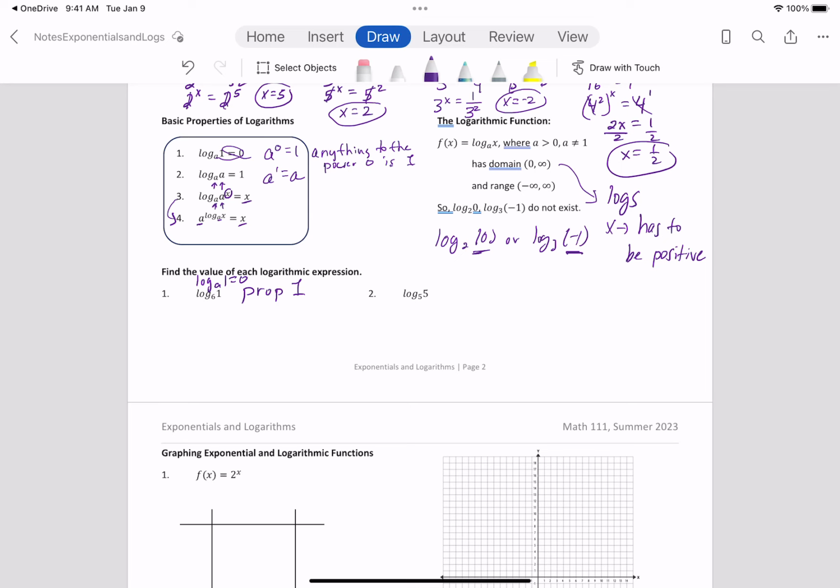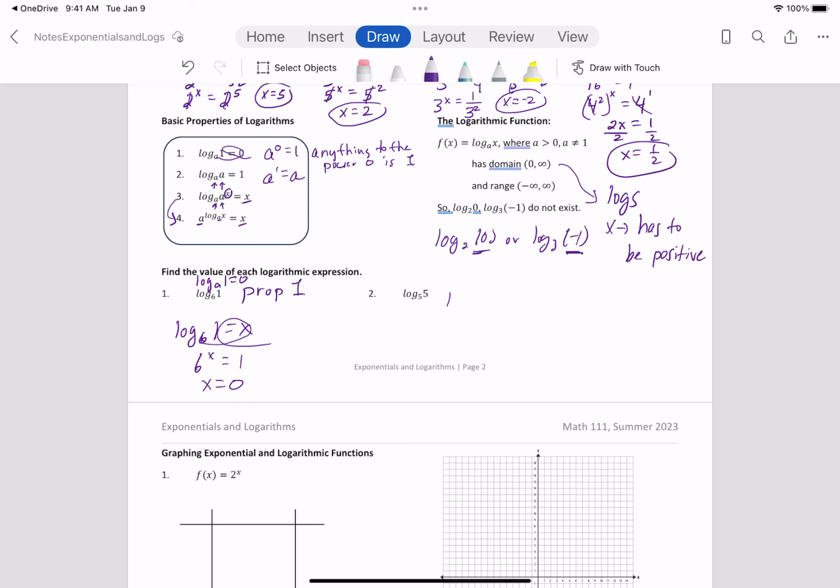But to show you why it's true, if I have log base 6 of 1 and I wrote the equals x like we did before, if we do the exponential form, we'd get 6 to the x equals 1. So what this is asking is what power I can raise 6 to and get 1. And of course there's only one number that you can raise something to and get 1, and that number is 0.